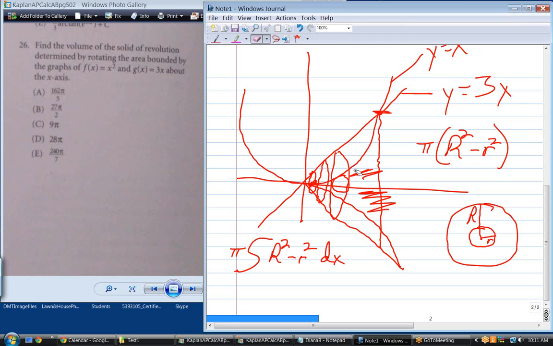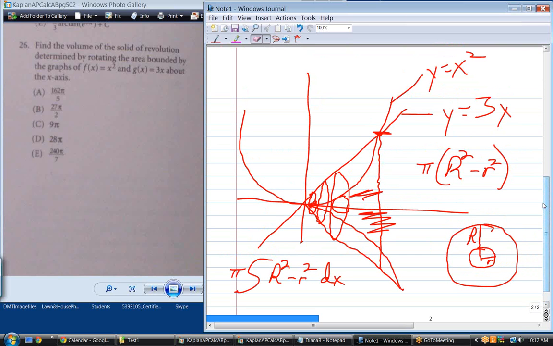What are my limits of integration going to be? This point here, obviously, to this point here. What's that point on the x-axis? It's where my two graphs intersect.